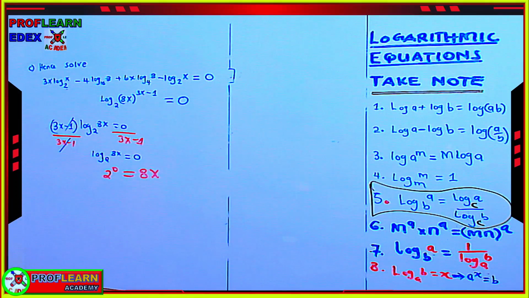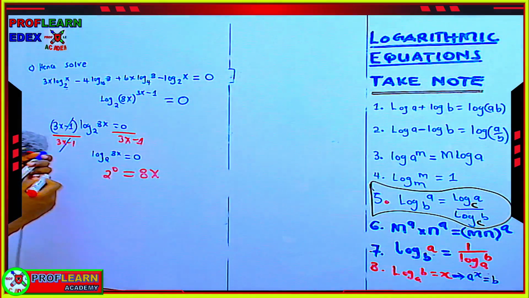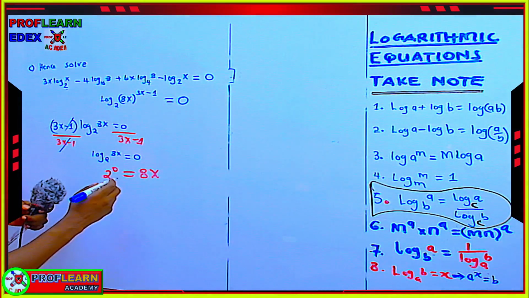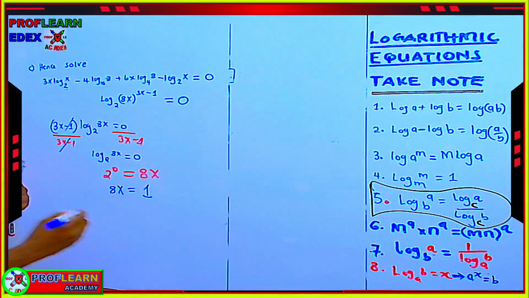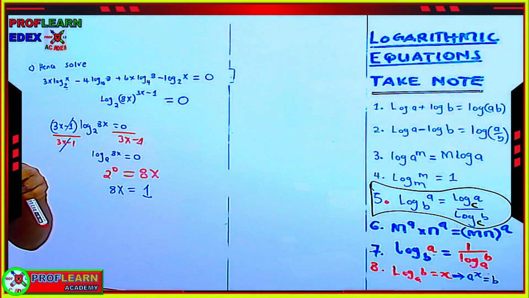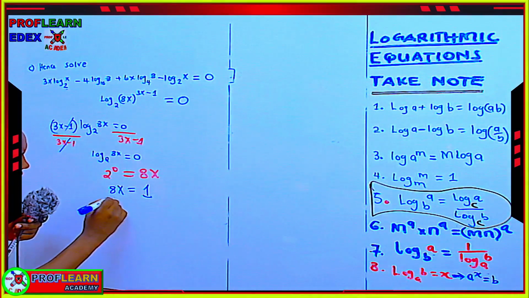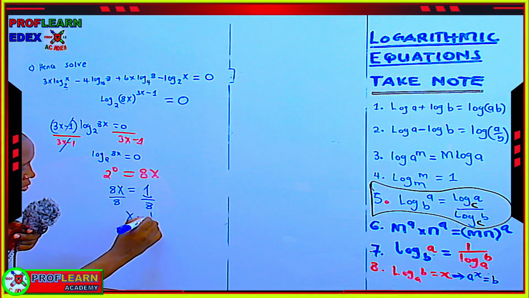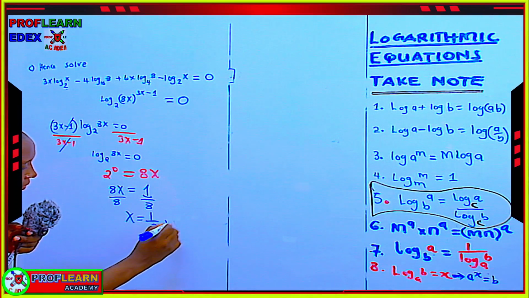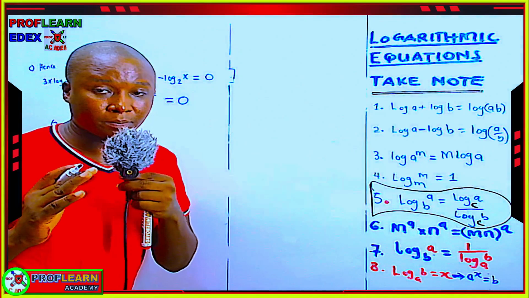This number raised to 0 equals 8x, so 8x is equal to 1 because any number raised to 0 is basically 1. Divide by 8, and x is going to be equal to 1 over 8. That is one of the ways we can approach this question.